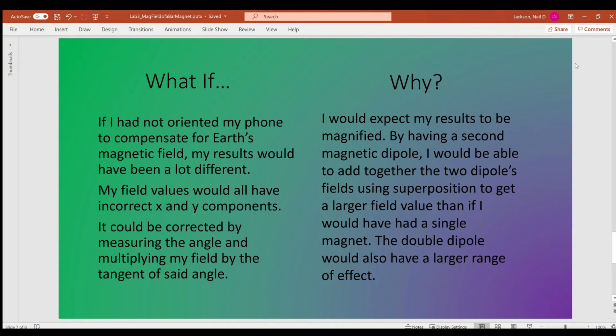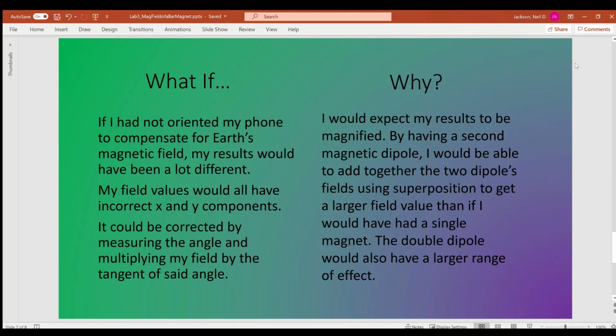To answer the what if and why questions: if I had not orientated my phone correctly, my results would 100% be off. My X components and my Y components would be interfered with by the Earth, and I would be getting the wrong results. I should be able to correct this though if I were to multiply my magnetic field times the tangent of the angle theta.